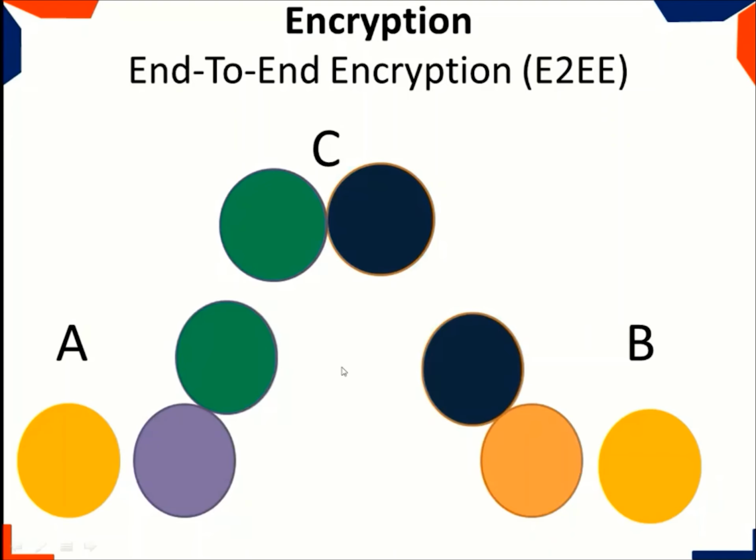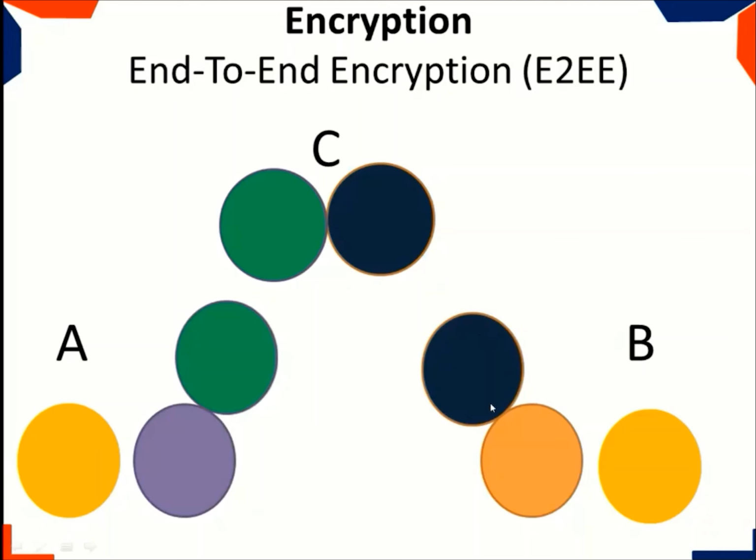If C knows about this, C might get a clue what it is. But in this scenario, A has not shared the unique color and B has not shared the unique color. So what they are going to do is mix these received colors with their unique colors. The color that B sent to A, A will mix with his own unique color, which he never shared.